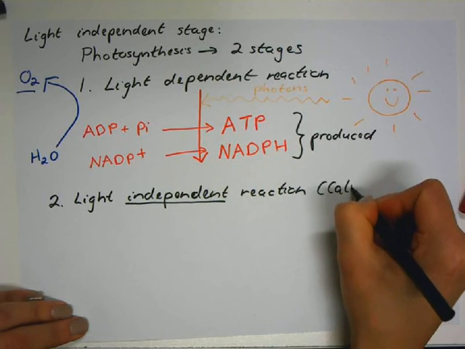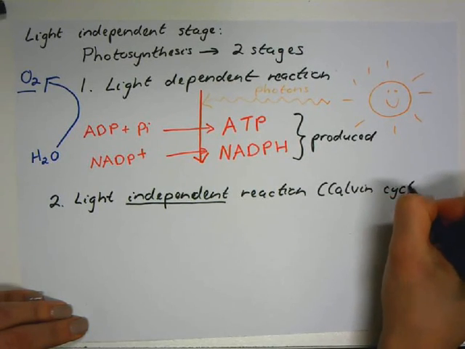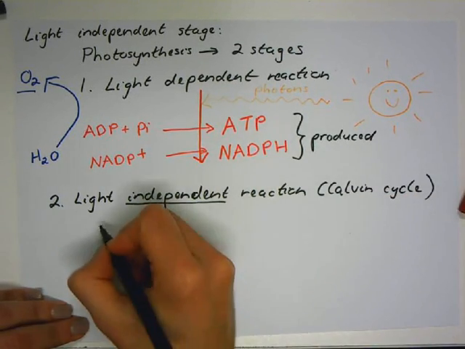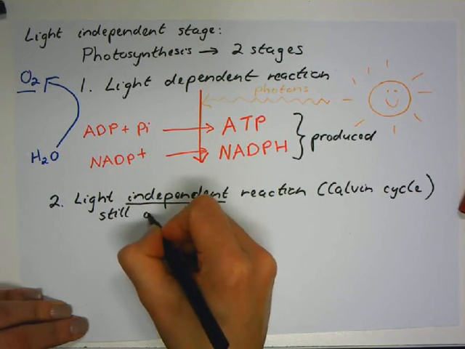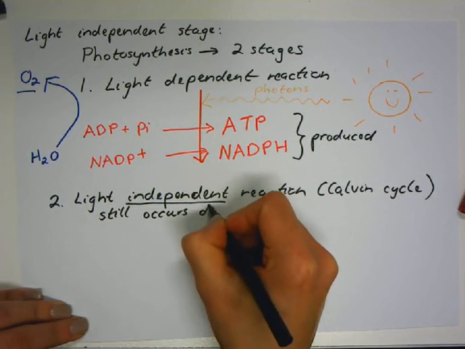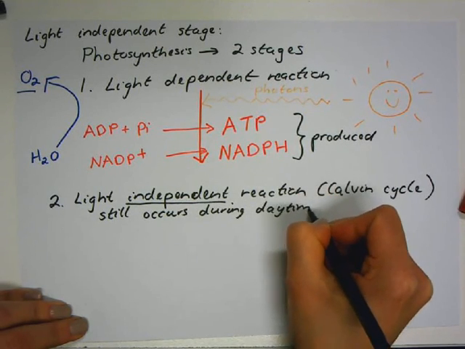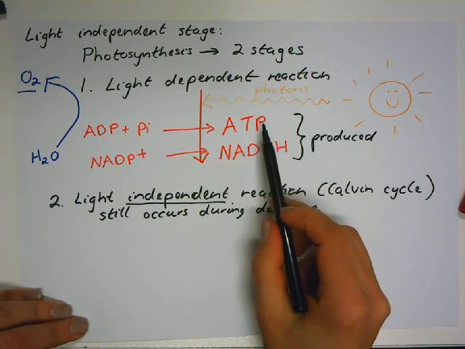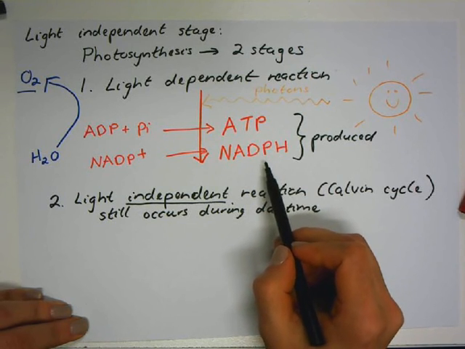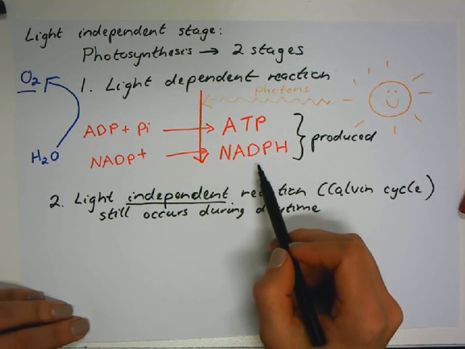It's also called the Calvin cycle. Now the light independent reaction still occurs during the daytime. It just doesn't need photons to occur. It just needs the ATP and the NADPH from the light-dependent reaction.